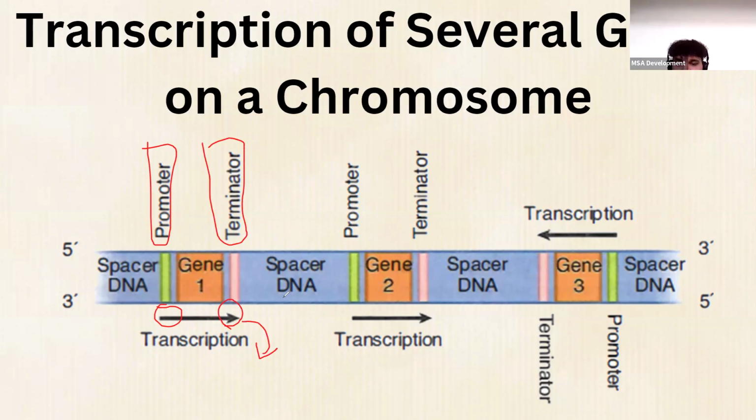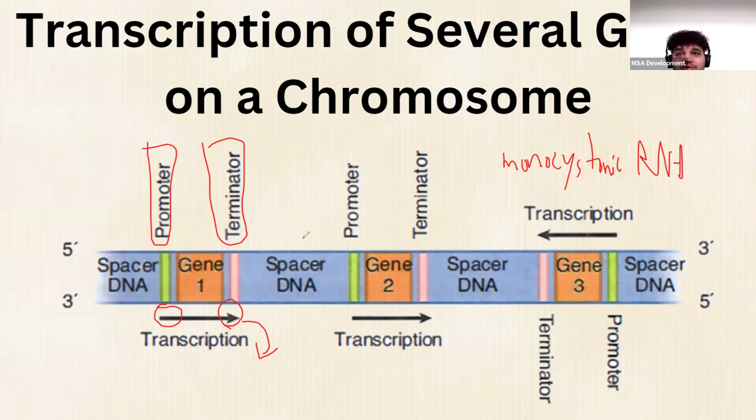Now, this is a eukaryote. In eukaryotes, we have promoters and terminators for each gene. So that's why we have monocistronic RNA. Why do we have monocistronic RNAs? Because we have a promoter and a terminator for every gene.